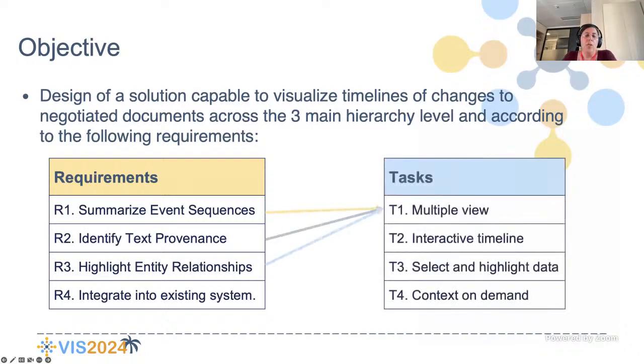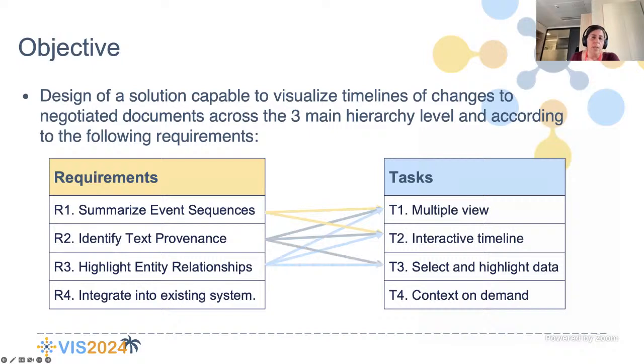From the same discussion, we were able to identify 4 design tasks to satisfy the requirements. The first one was the use of multiple views. Multiple views allowed us to combine summarizations together with the level of detail needed to convey both provenance and entity relationships. Second, interaction at the timeline level to allow for an overview of the most relevant events while providing information on demand.